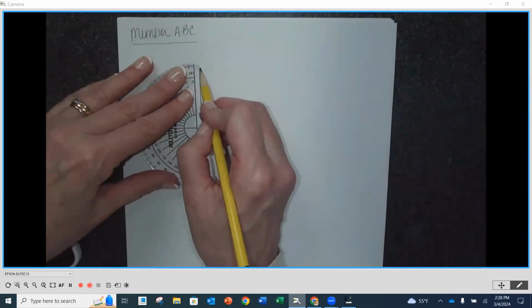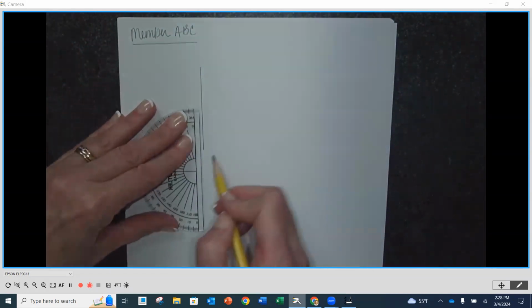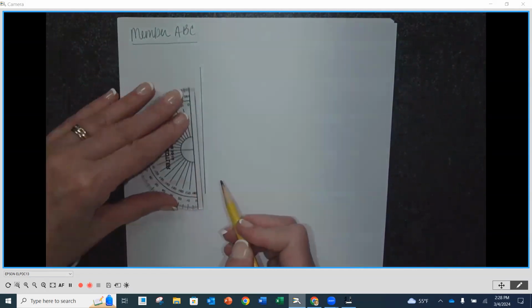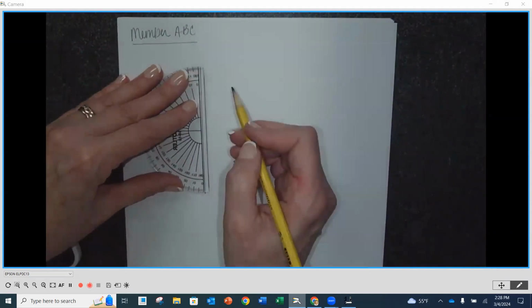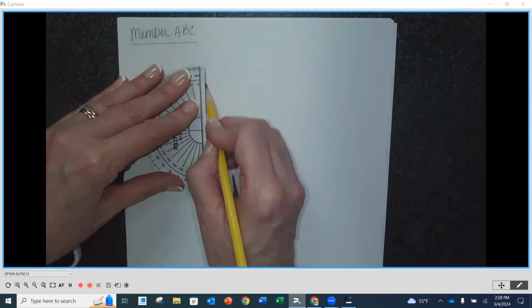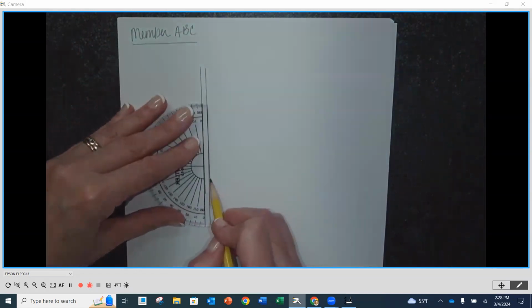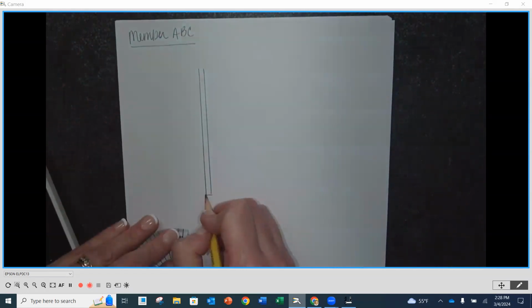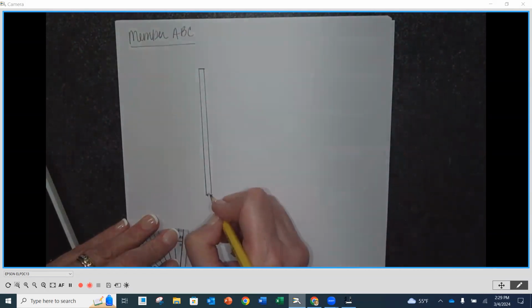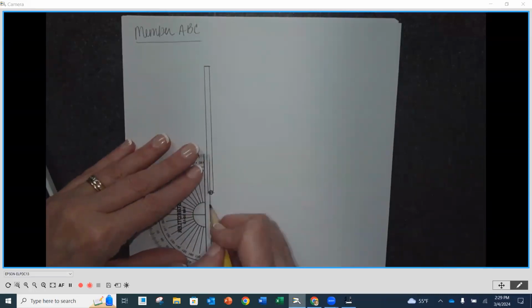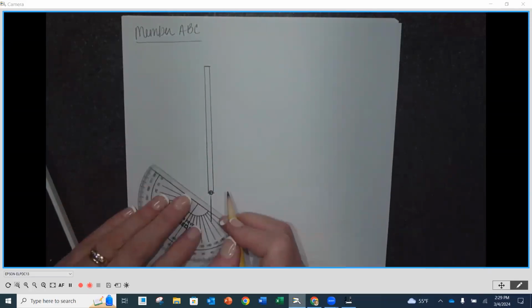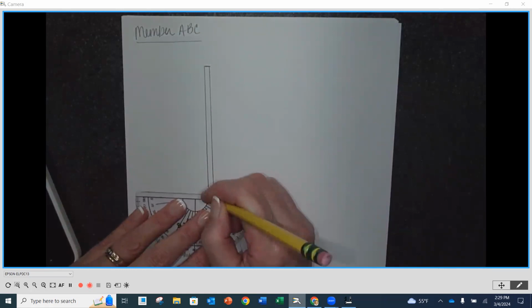I'm going to make mine a little bit larger because I want to make sure I get my labels on here and be able to see everything. So I'm going to start with my external loads here at A. I know I have that AX and that AY.